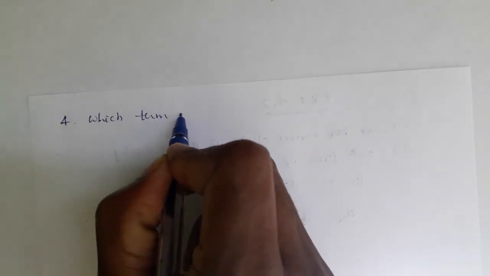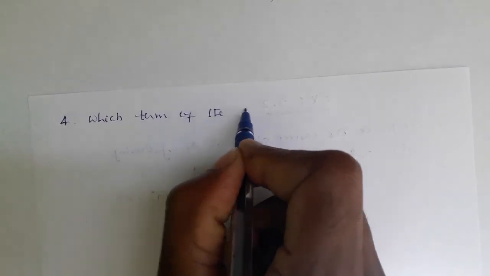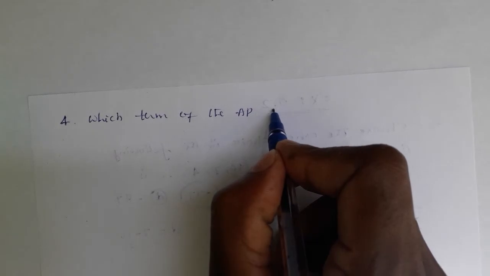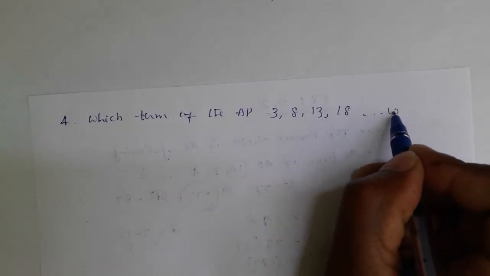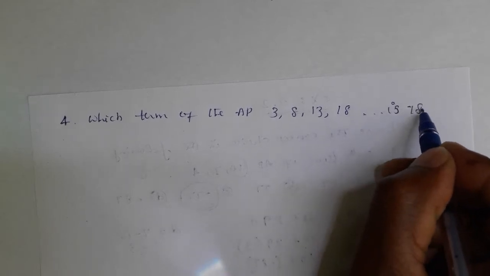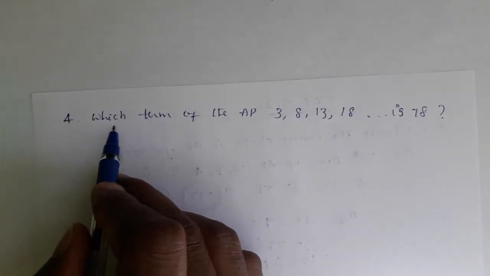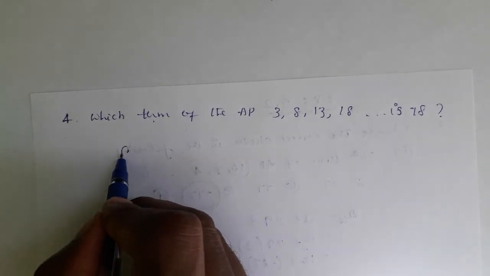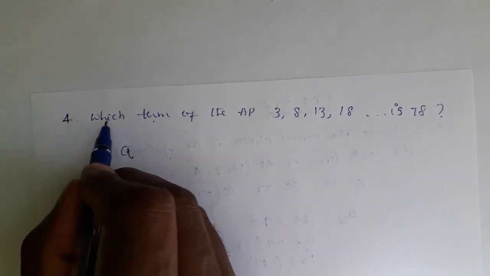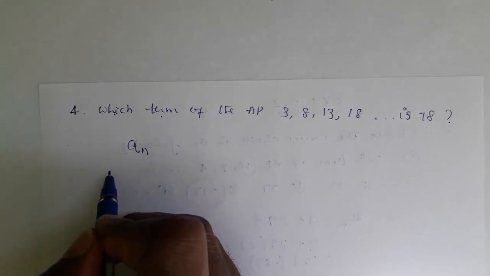We go to the main fourth. I write the question: which term of the AP 3, 8, 13, 18 ... is 78? That is the question. Which term? Understand, a term is always, I told you, what? Term is A, which means its position is unknown, so AN.